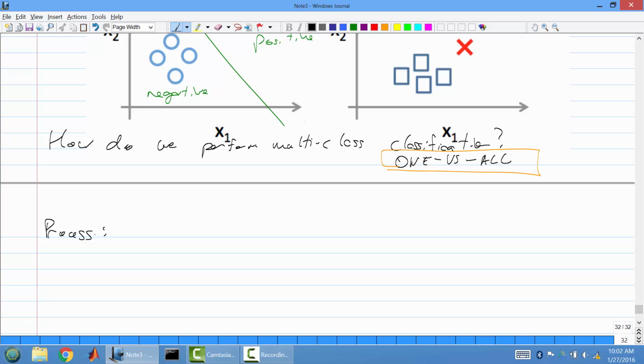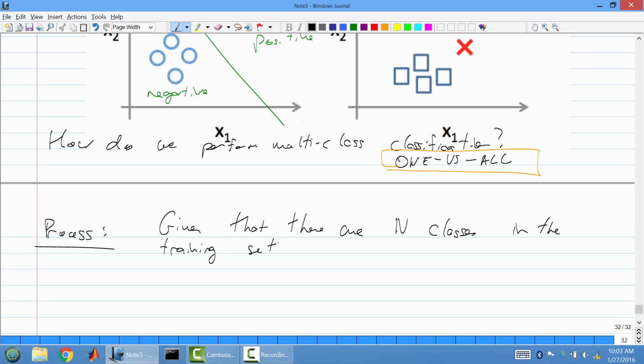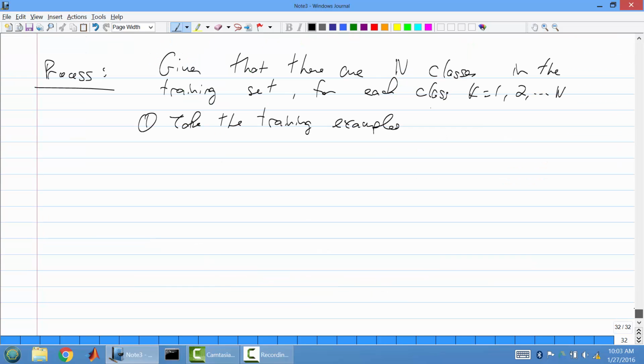So just a couple more slides and we're going to finish up. Okay, so given that there are n classes in the training set, for each class k, going from 1 all the way up to n, what you're going to do is take the training examples that have label k and make them positive.